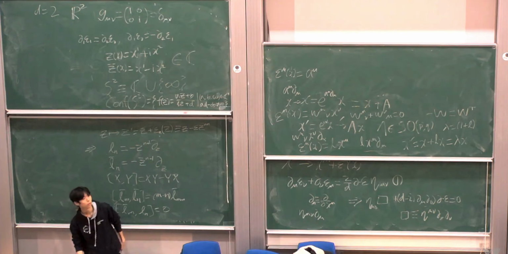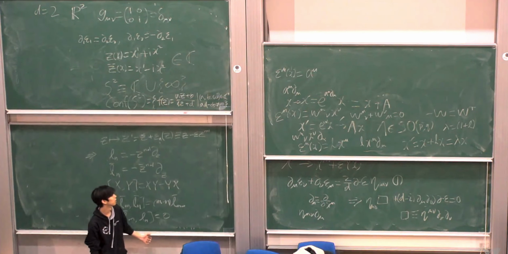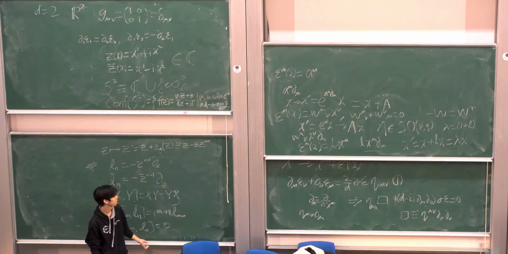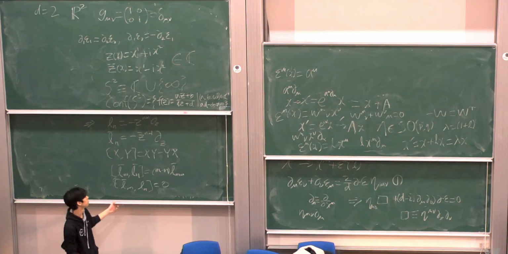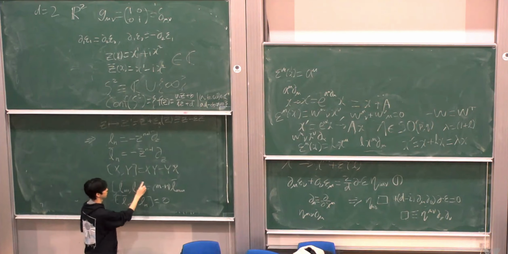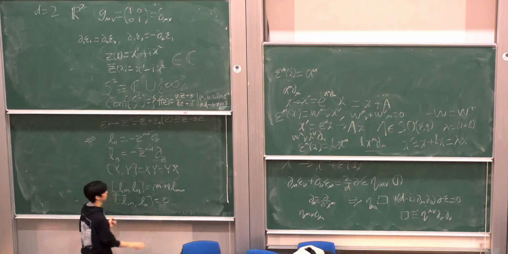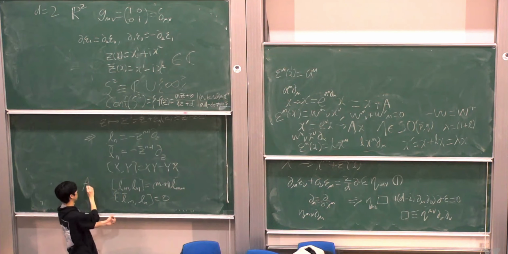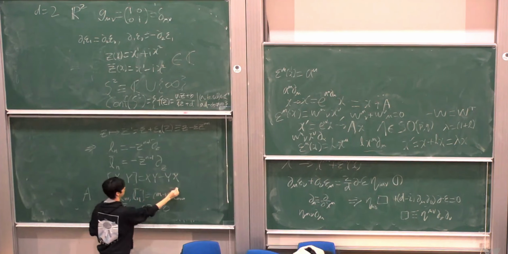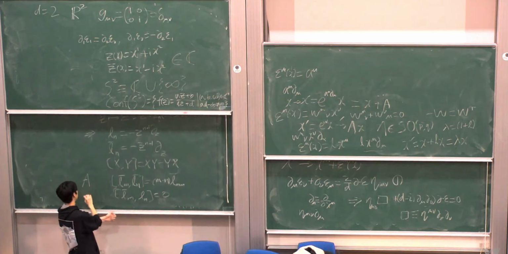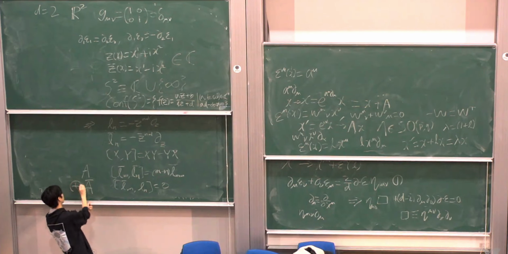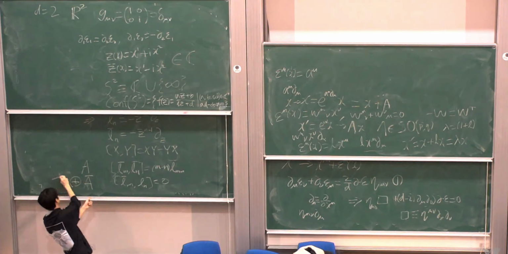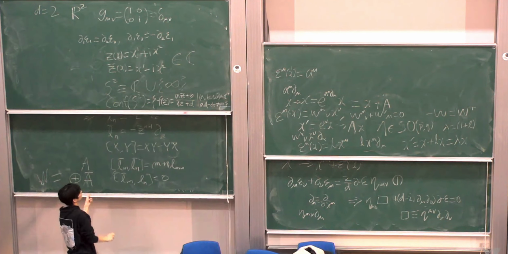Basically, you can generate two independent copies of the algebra, one formed by this, let's call it A, and another formed by this bar, let's call it A bar. Because they commute with each other, you can take the direct sum of the algebras to get what's called the Witt algebra.